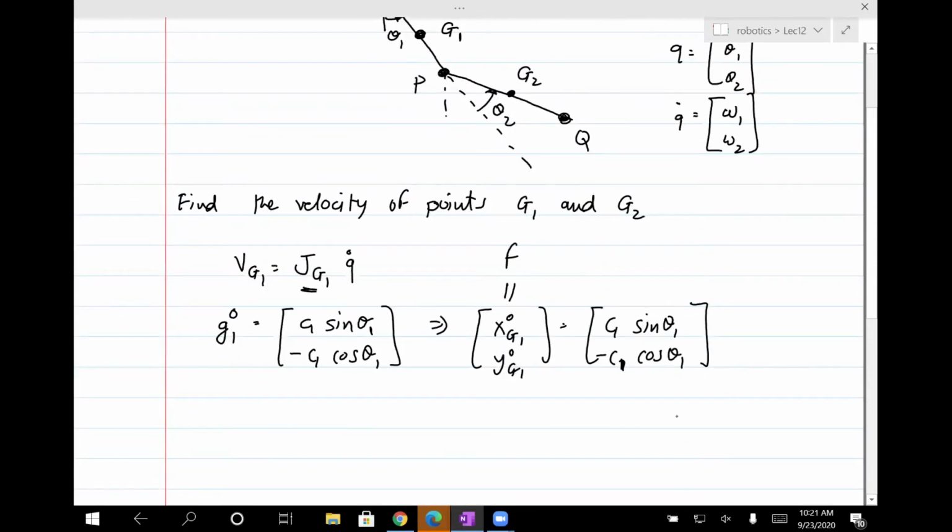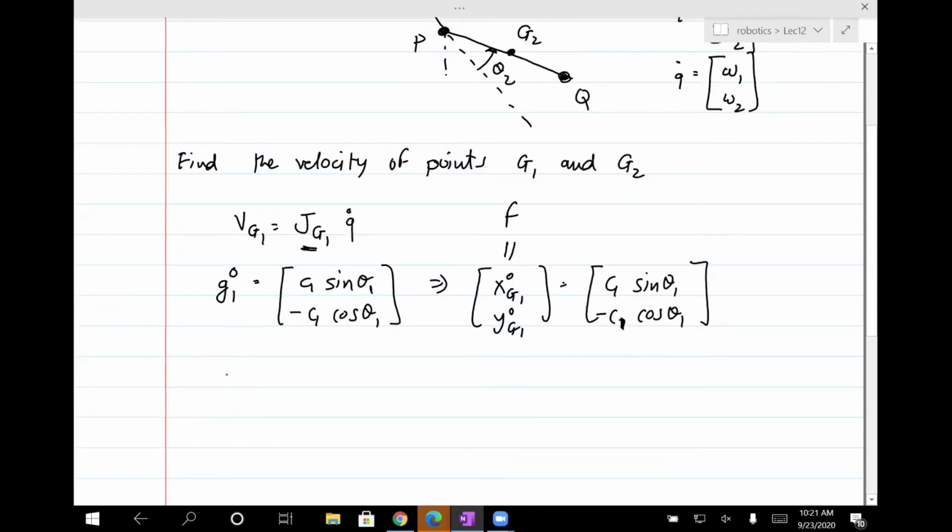To find the Jacobian now, what you need to do is df/dq times q dot, which is omega 1, omega 2.